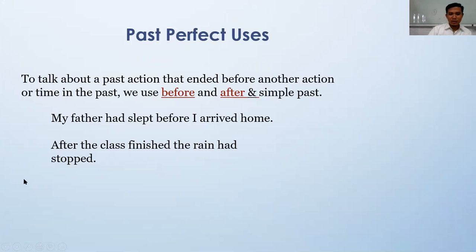Ya, hujan reda duluan, hujannya duluan berhenti. Or you can say the rain had stopped before the class finished. Okay? The rain had stopped before the class finished. Okay? My father had slept before I arrived home.